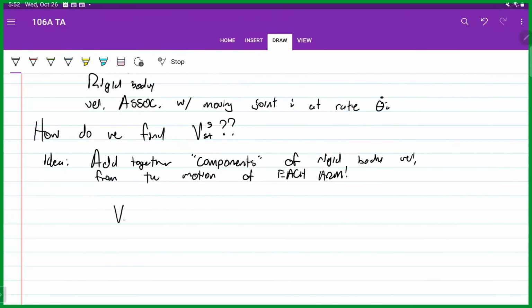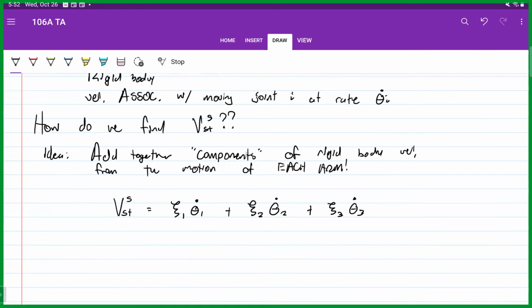Well, in our case, we only have three of these. So we're going to say V_s = xi1 times theta1 dot plus xi2 times theta2 dot plus xi3 times theta3 dot. And in the configuration of the robot that we gave you all the way at the top, where it's just pointing out straight and all its angles are at 0, this is entirely true.